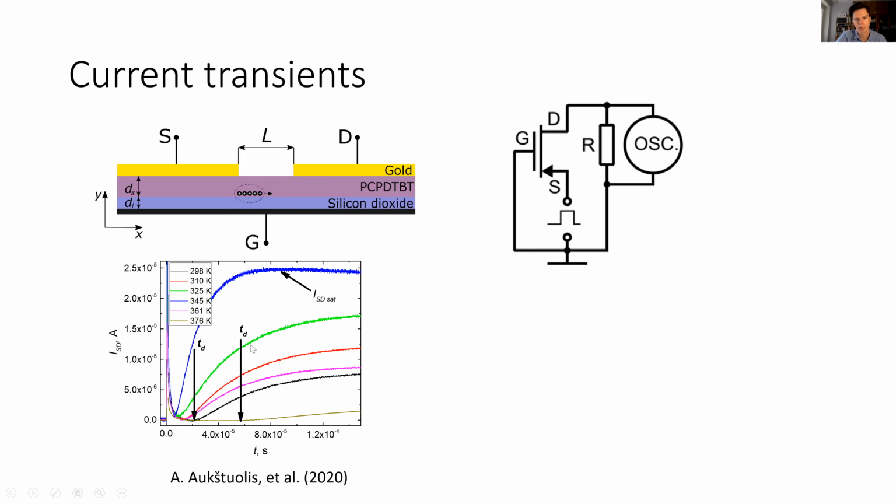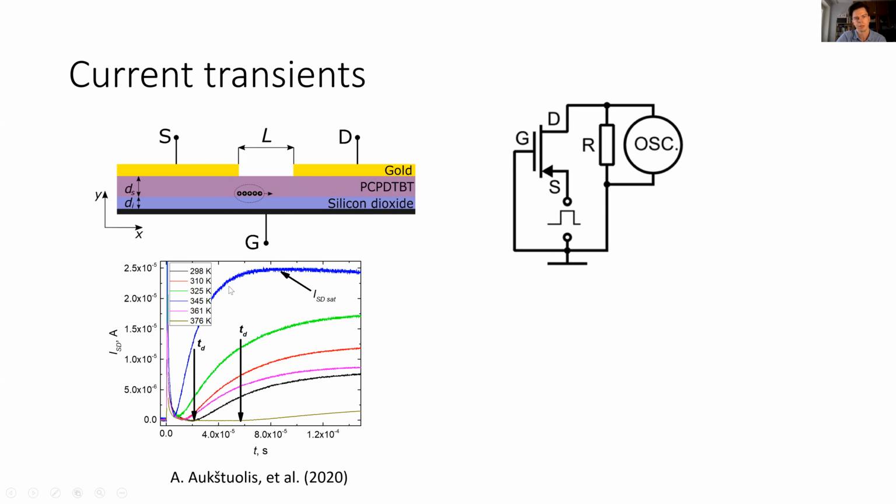So the two main things from this transient. It's TD, which is the time when the first holes move through the channel of the field effect transistor and reach the drain contact and are extracted through the drain. Here we see no current, and then it starts increasing.